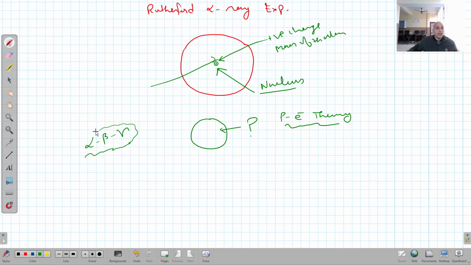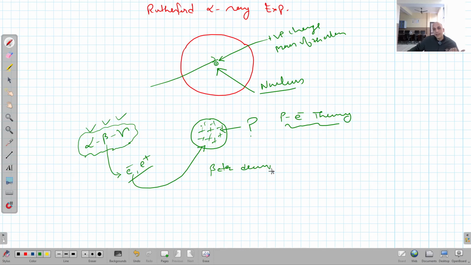And when the nature of these alpha, beta and gamma rays emitted by positively charged atomic nuclei was examined, it was found that these beta particles are basically fast moving either electrons or positrons, right? Now this gave us a clue that somehow electrons are present inside this nucleus because they were coming out of this nucleus through beta decay, right?